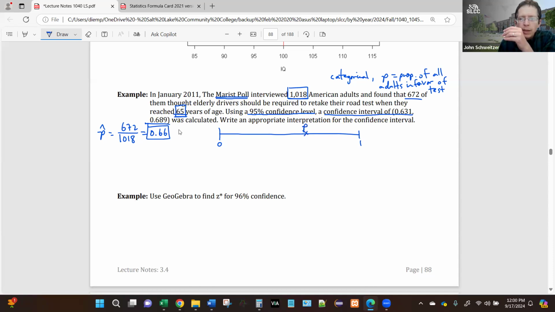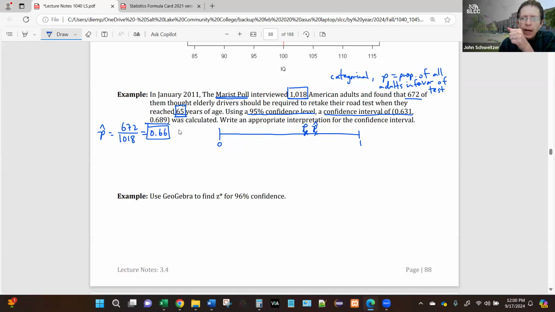So there is P, but nobody knows exactly what P is because there's hundreds of millions of adults, and nobody has the money or the time to call and track down and talk to all of these people and ask them their opinion. So we get a sample, and then that sample is p hat.